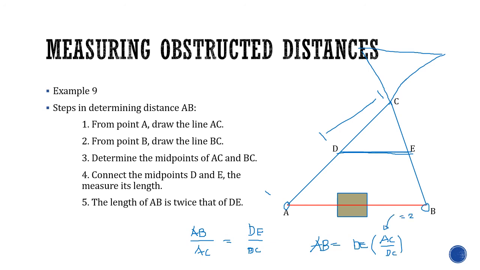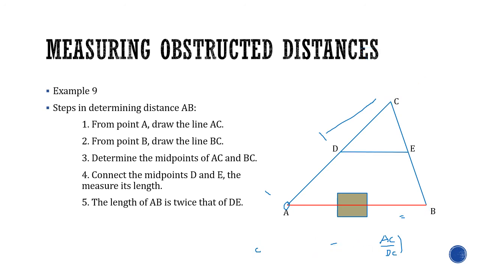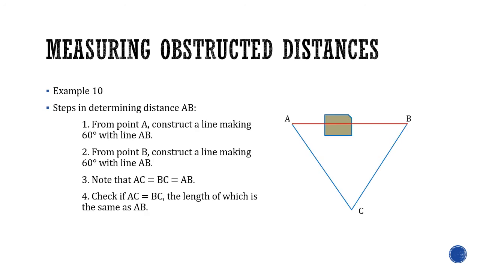Equal to 2, kasi kalahati lang yung DC. So, yung ratio niya ay 2. Doble yung AC, no? Yung AC ay doble nung DC. It's the same principle as yung sa 8. Yun nga lang, ibang side lang siya. In this case, nasa loob, no? Kanina nasa labas.